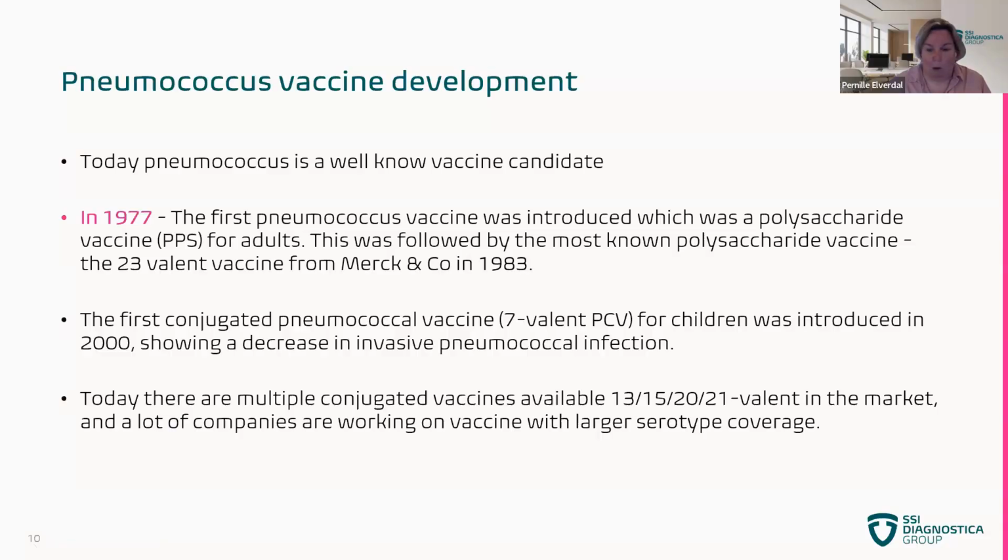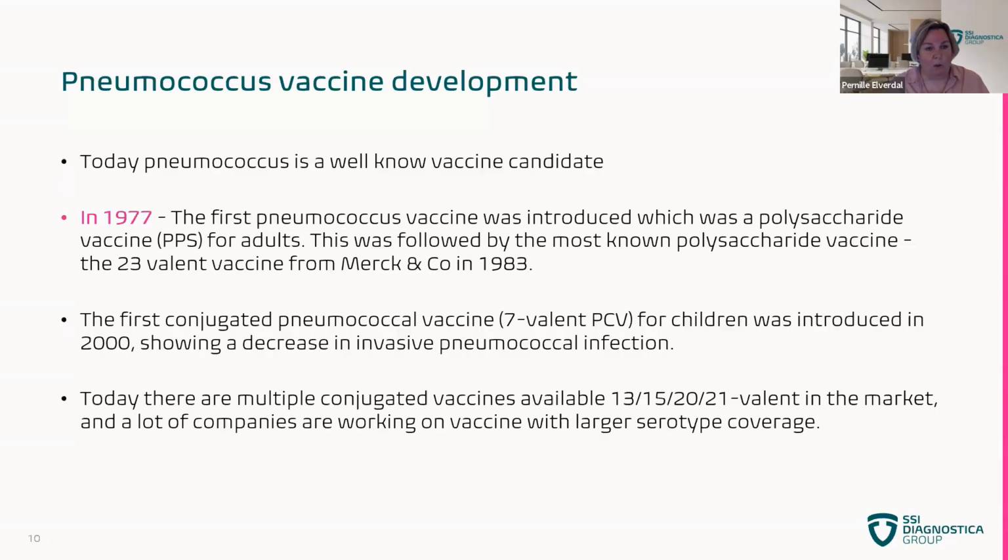So it's still important, even though we have the vaccines, to keep the surveillance and reporting ongoing, because we are seeing that as vaccines come out and are more and more used, the serotypes are circulating, and we want to make sure the disease burden is always kept at a minimum.